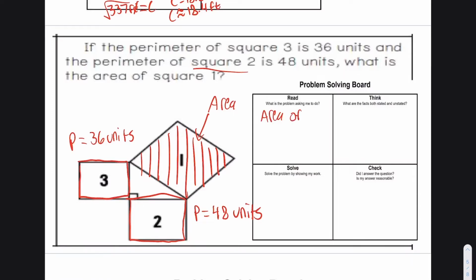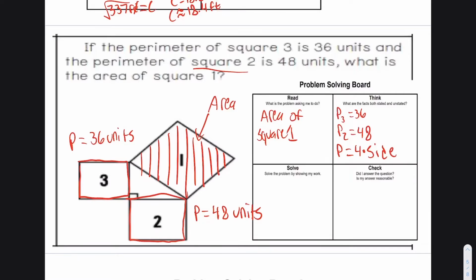Let's fill in this problem-solving board. We need the area of square 1. We know P3 is 36. We know P2 is 48. And we know that the perimeter of a square is equal to 4 times the side.